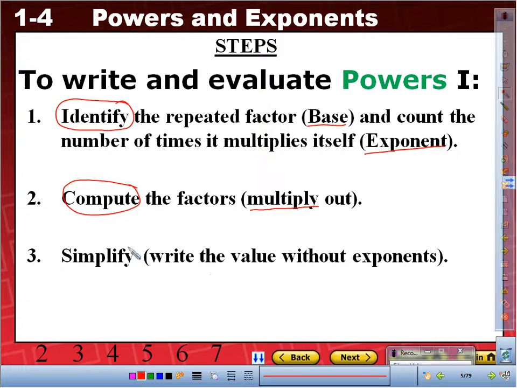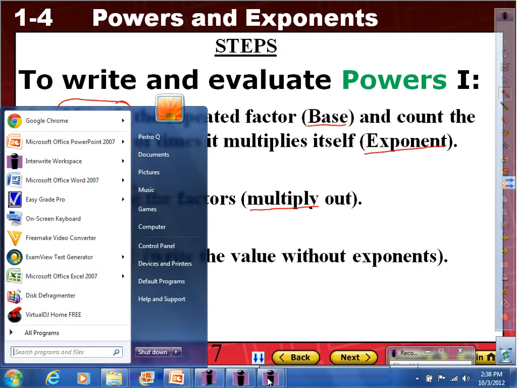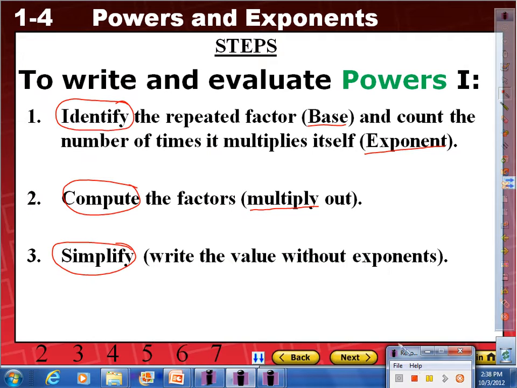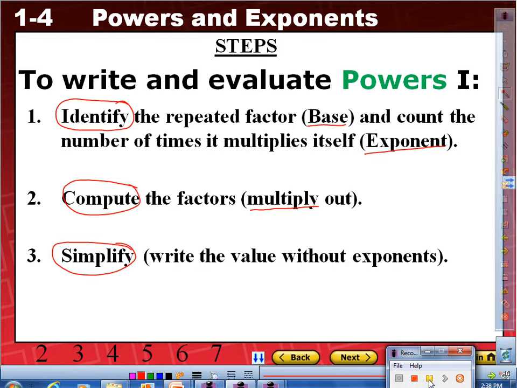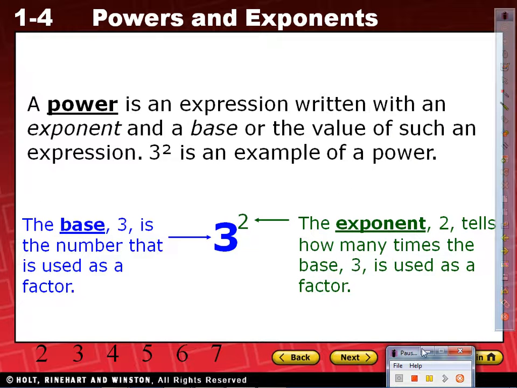And step 3, circle simplify. So, once again, we got the steps down, and here just to clarify, this is the base, and this is the exponent. All right? So let's move on.